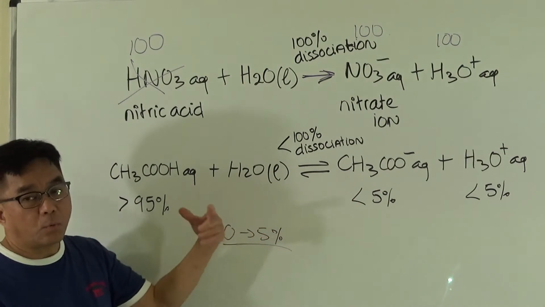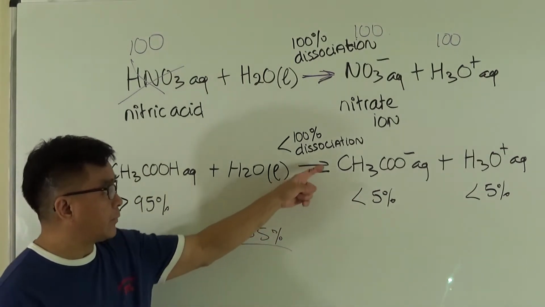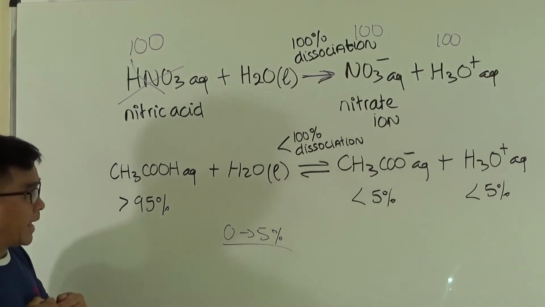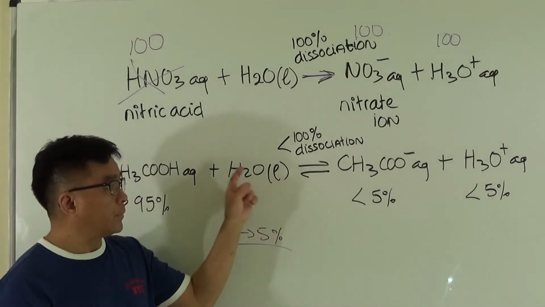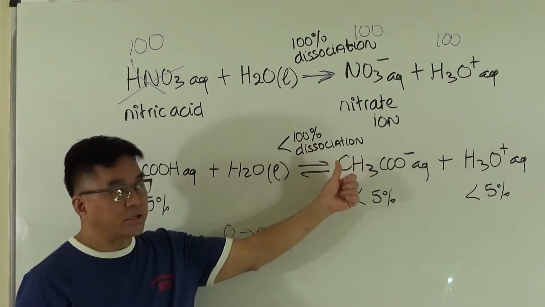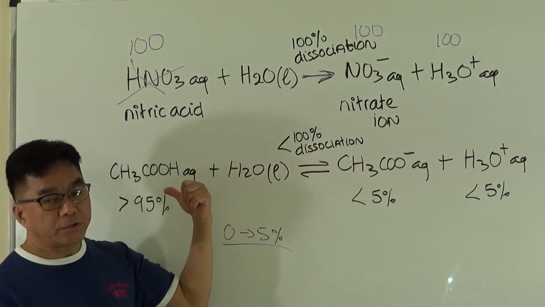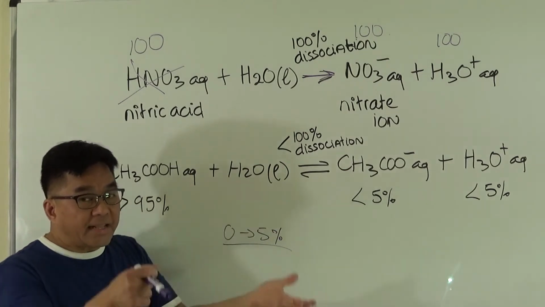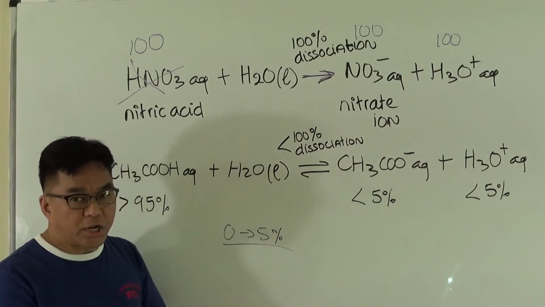Again, for weak acid dissociation, you write with a two-way arrow, so they reach a certain equilibrium. At equilibrium, the forward rate of reaction equals the reverse rate of reaction, so the reaction is still going full speed, but the steady state concentrations no longer change.